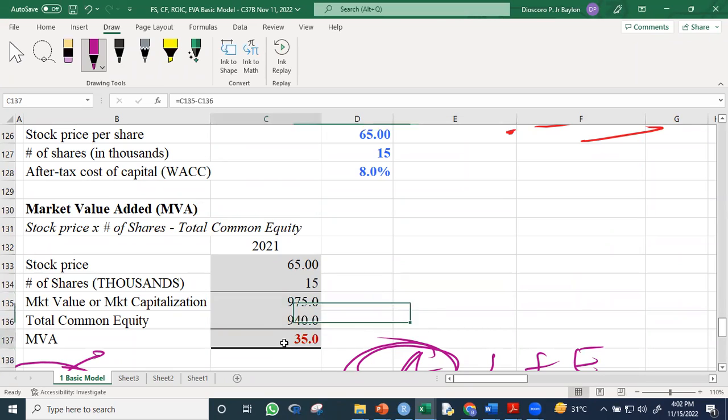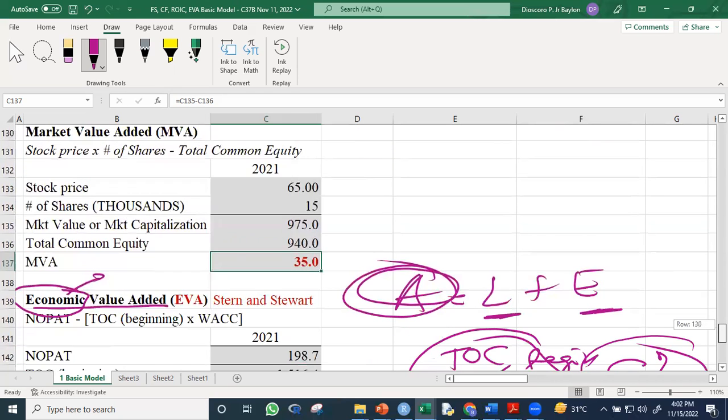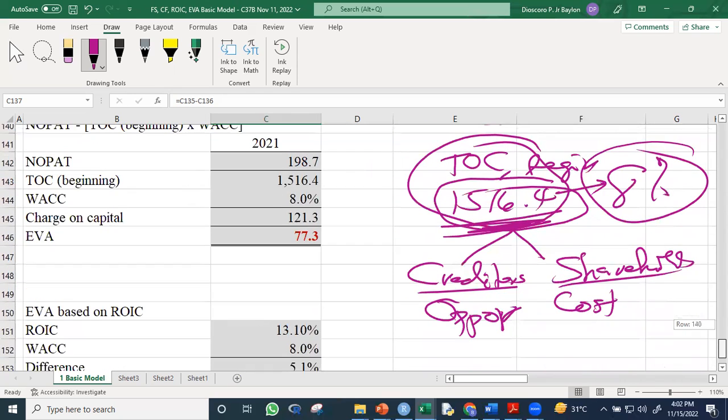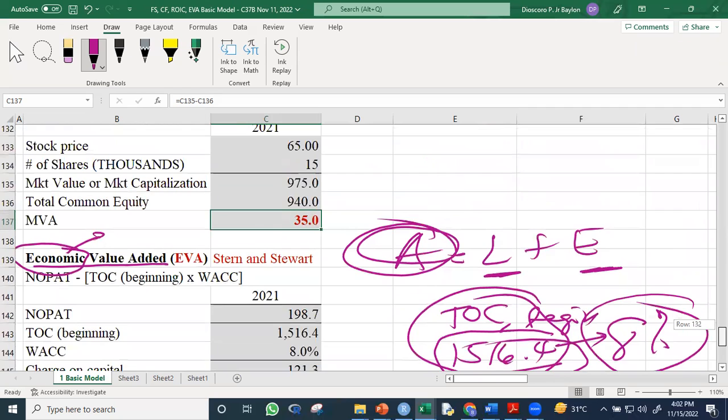Okay? Ibig sabihin, class, na based on the market prices, mataas yung value ng company compared to the book value. So if the MVA, if the market value added is positive, then we also say that value was created. So iba yung mini-measure ni MVA at saka ni EVA. But EVA is a more powerful concept. No?